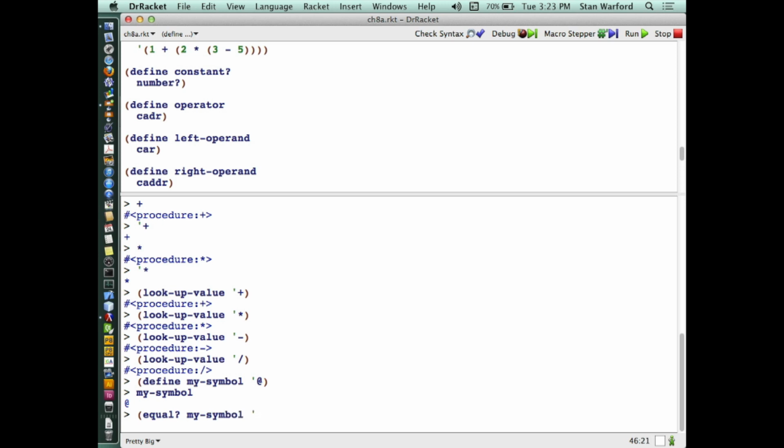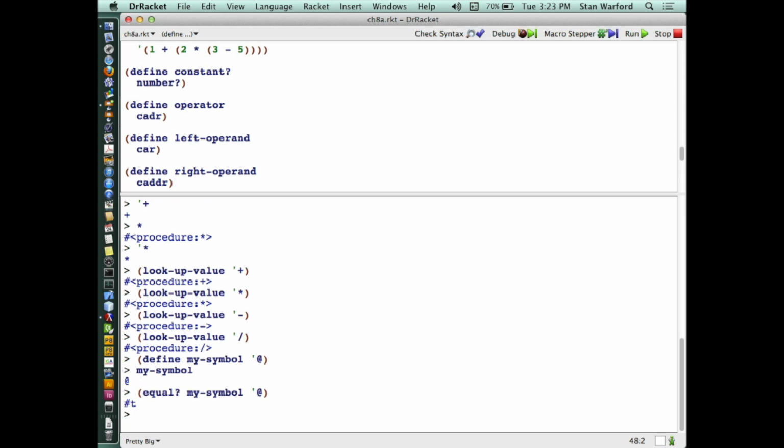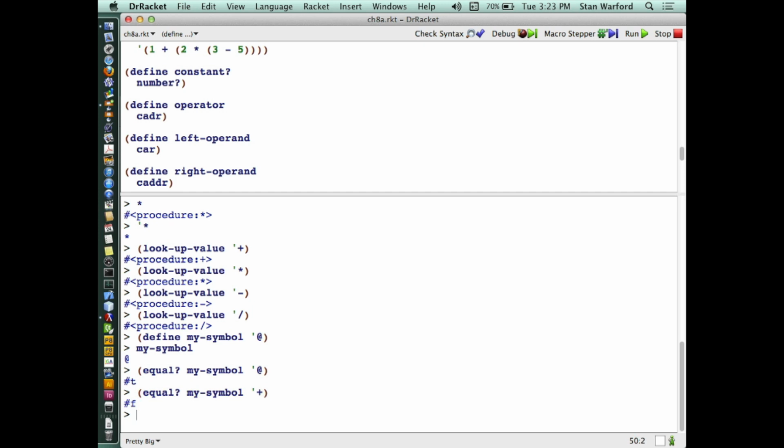Symbol, quote. All right, so now what will this return? True. On the other hand, if we say equal, my symbol, and is that equal to the plus symbol, then the answer is obviously false. Are you with me?